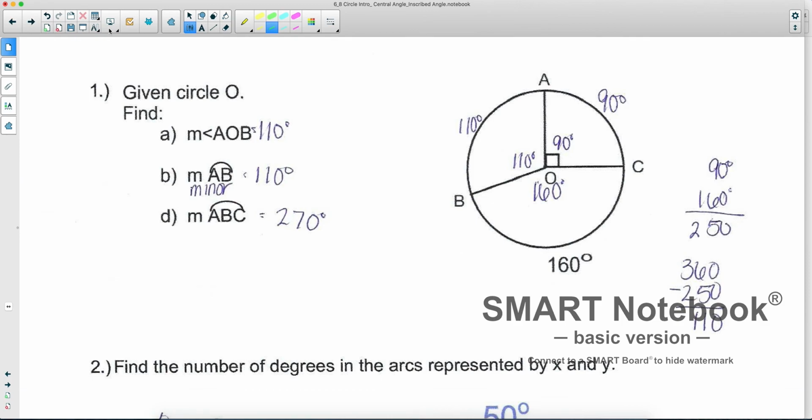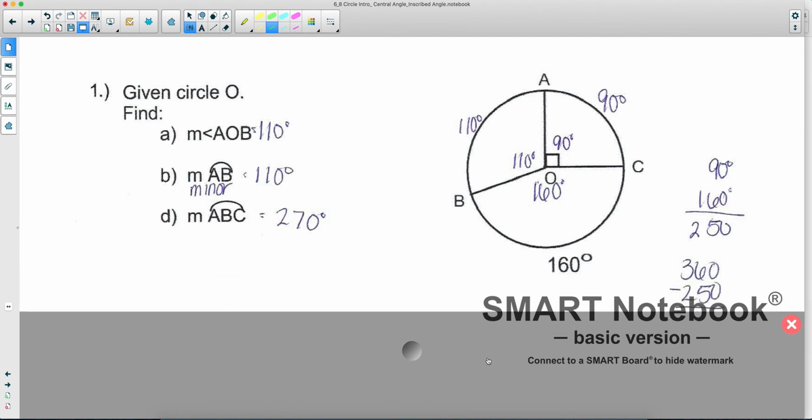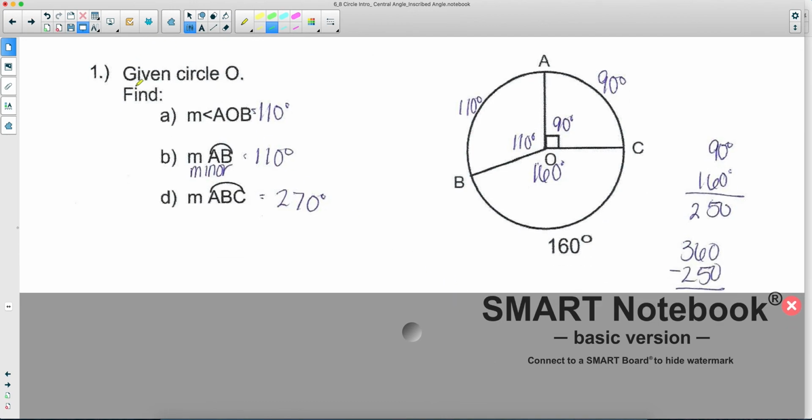So here's an example. And my work is here so we can walk through this. It says, given circle O, we have to find the measure of angle AOB. So here's AOB. Now let's talk about what they gave us. They gave us that this arc is 160. So from B to C is 160.